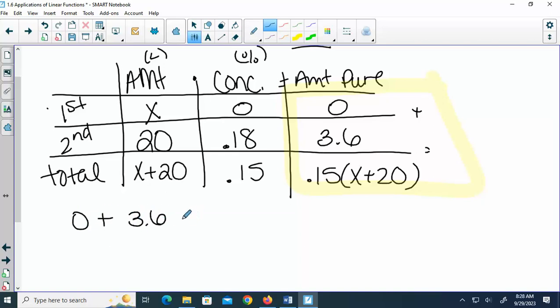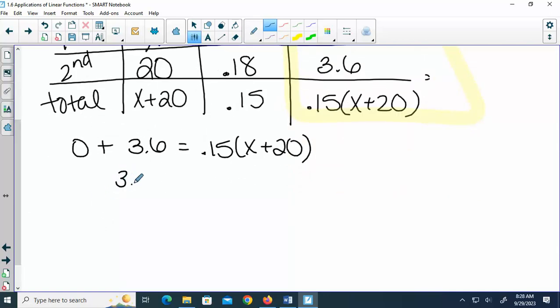So 0 plus 3.6 equals 0.15 times x plus 20. So we subtract the 3. And we take it.